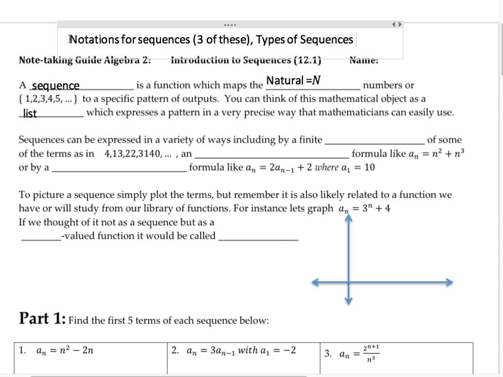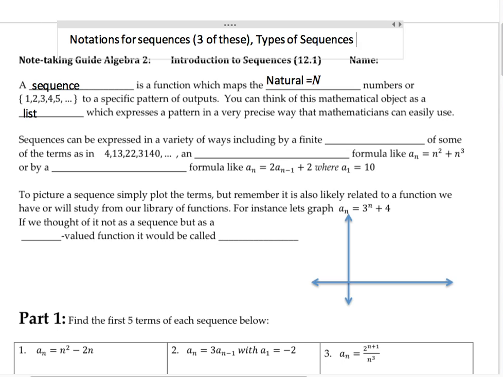Just like there were types of functions in the library, like parabolas and exponentials, there's types of sequences, and they really actually correspond to some of those functions that you've already studied. So there's ways to express sequences. Those are notations. And there's types of those sequences. Each type can be expressed 3 ways.